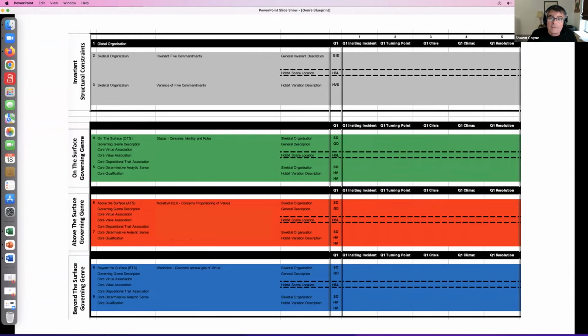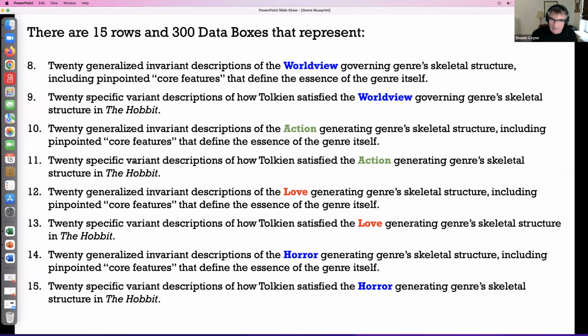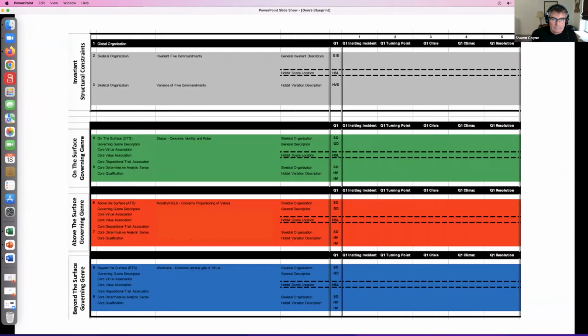And then the core qualification. What is this telling Sam? All of this stuff is about how do we get all of this information to Sam?